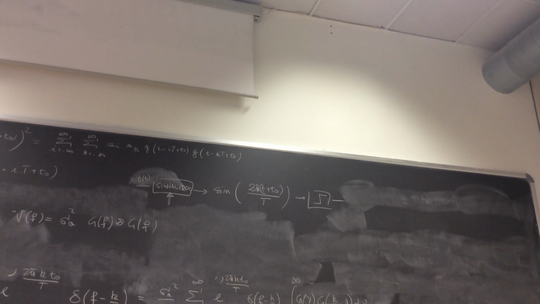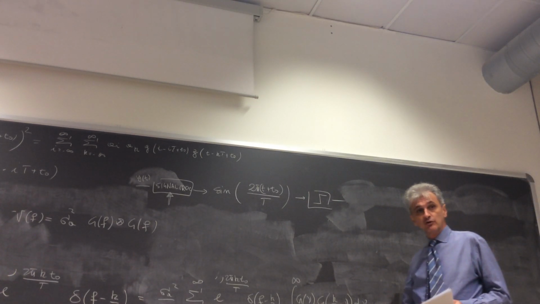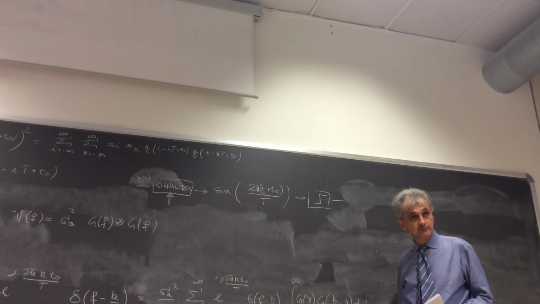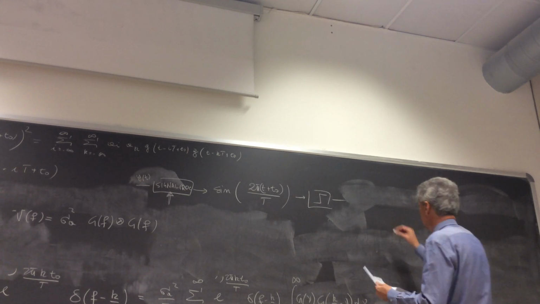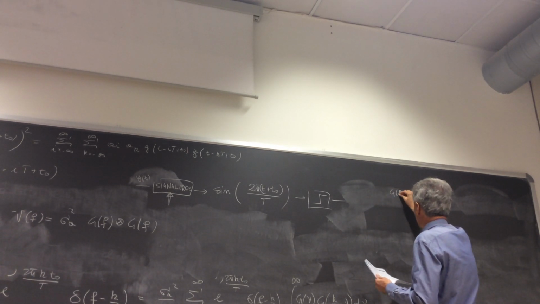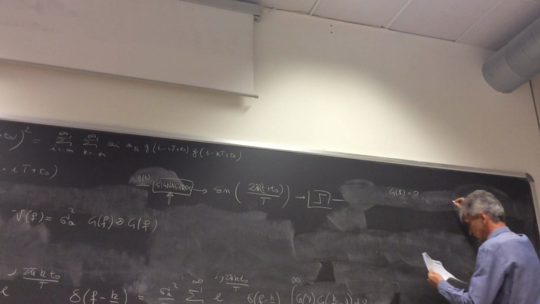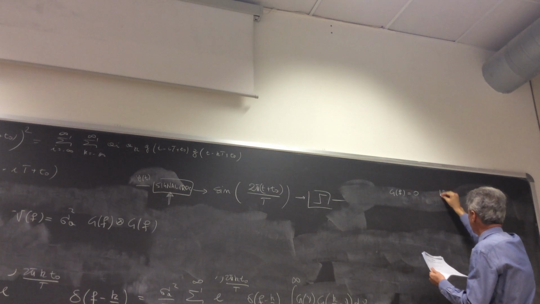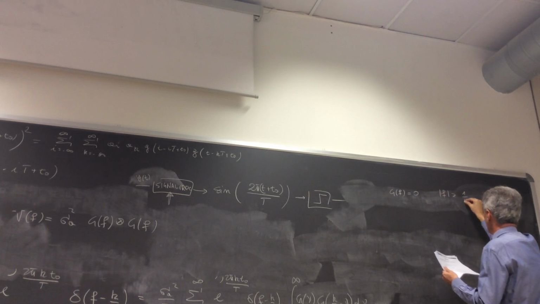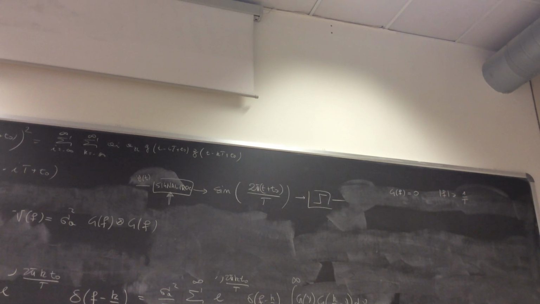Okay? Now let us put some assumption on G to study this convolution. Typically, in typical design, G of f is equal to 0 for f in modulus that is greater than 1 over T. This happens, for instance, with all the members of the family of the raised cosine impulse frequency responses.